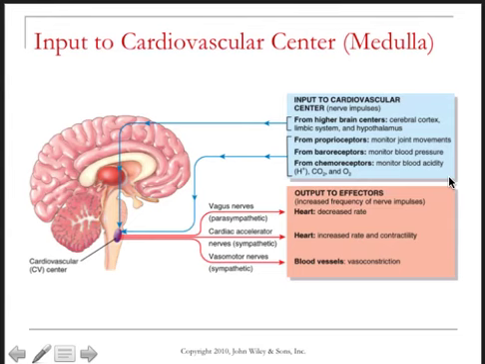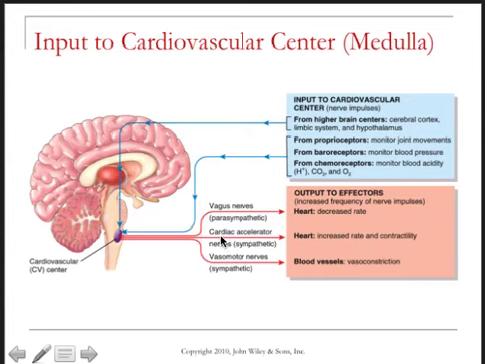And this is just a graph showing you all these various inputs. Okay, higher brain centers, and then the proprio-baro and chemoreceptors, how they all feed in here to the cardiovascular center in the medulla. And then the outputs are via the vagus nerve. Remember, that's the 10th cranial nerve, which feeds to the heart.